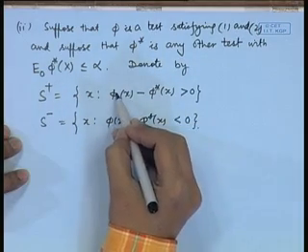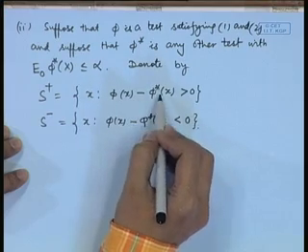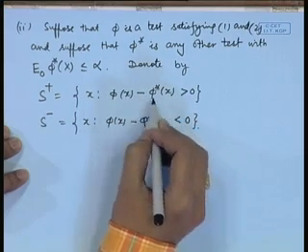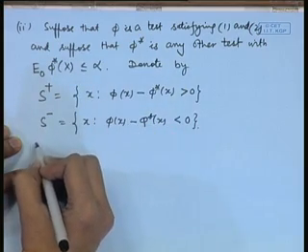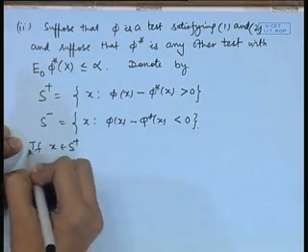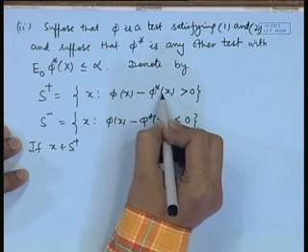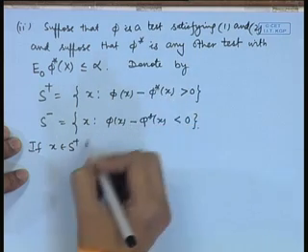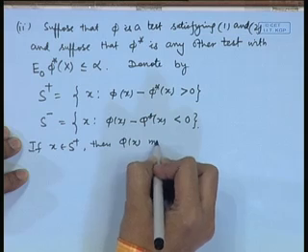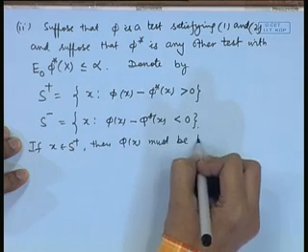Now, these two are test functions. So, both phi and phi star take values 0 or 1 or between 0 and 1. So, if x belongs to S plus, then phi x is strictly greater than phi star, then phi x must be positive.